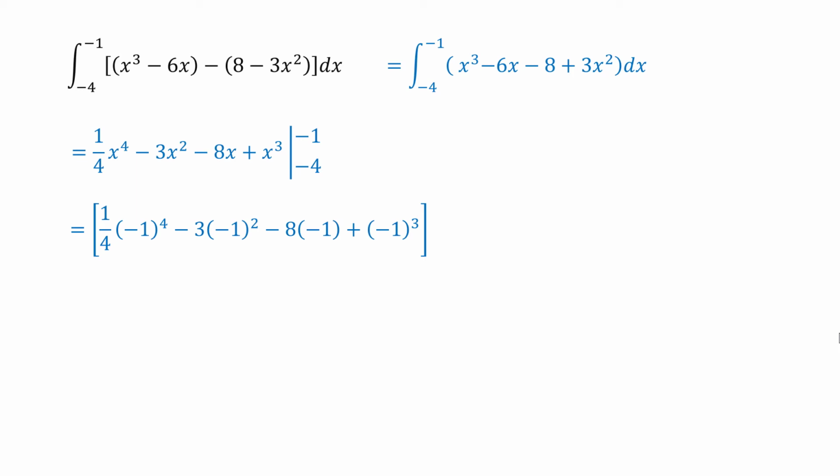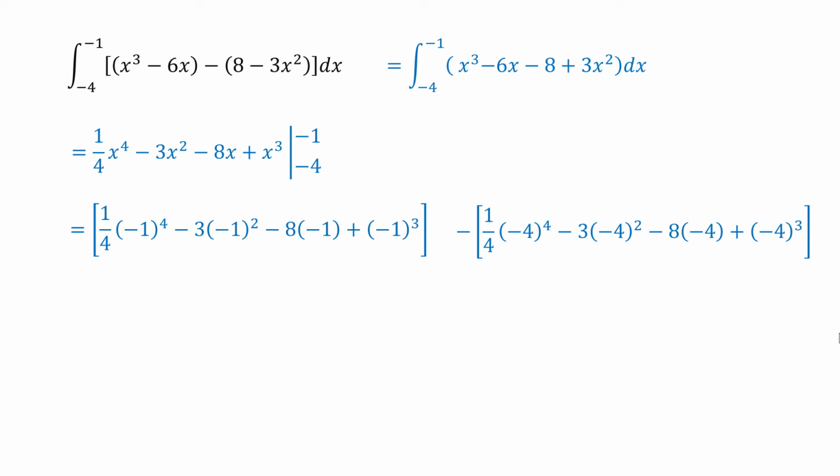And then we evaluate the same antiderivative at -4 and subtract it. So we'll have minus 1/4 times -4 to the 4th, minus 3 times -4 squared, minus 8 times -4, plus the quantity -4 cubed.